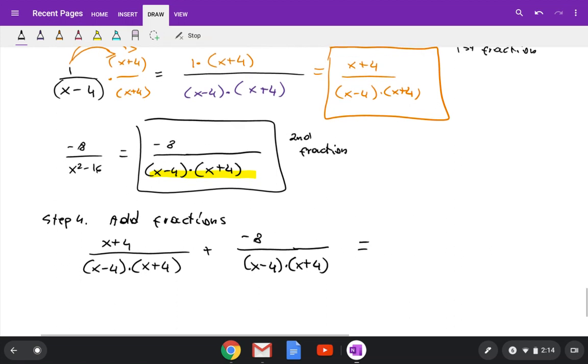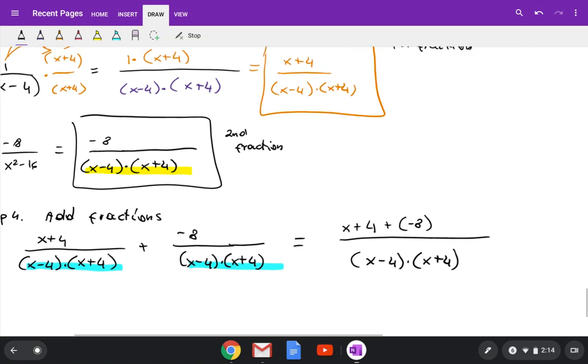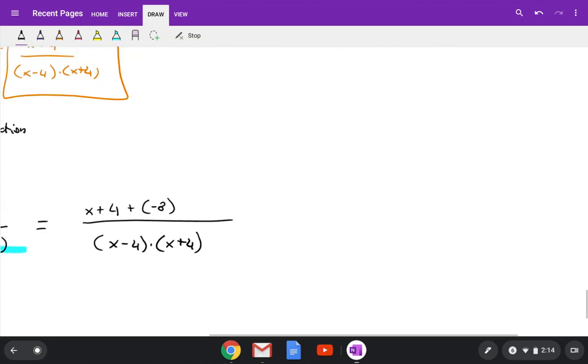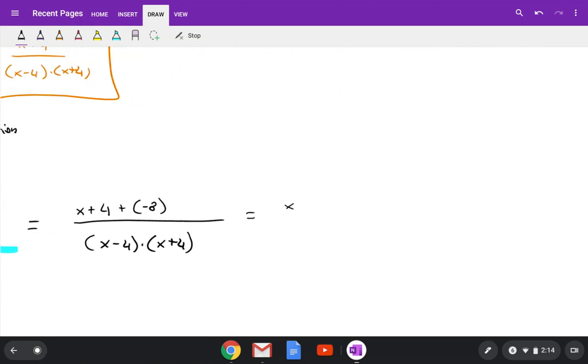We have that common denominator, so copy the common denominator once. So we have x minus 4 times x plus 4 over, and we add numerators together. So we have x plus 4 plus negative 8, and just simplify. So that will give us x minus 4 over x minus 4 times x plus 4.